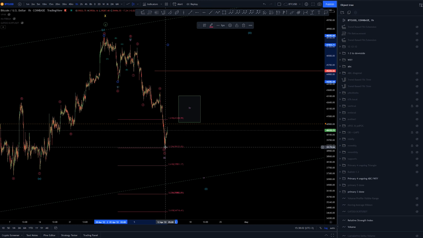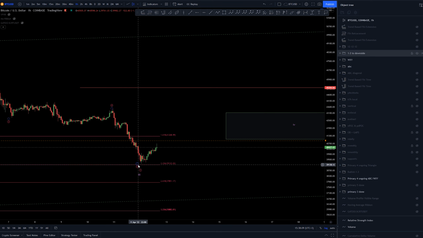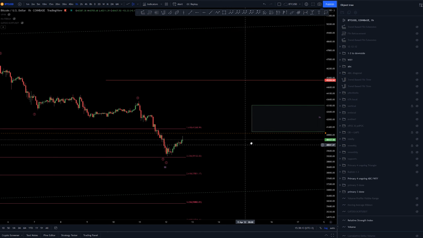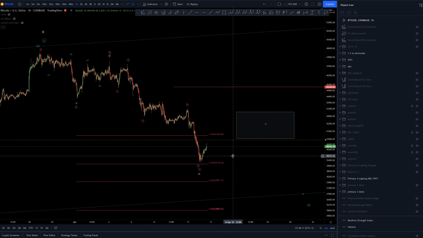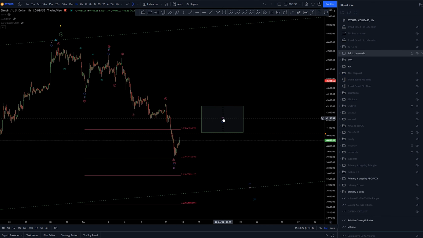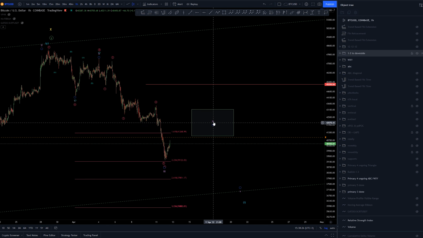So it could be possible that this is the low, but the price action didn't really look too telling down here. It didn't shoot off. It actually just went up and even back tested the same area. So it wasn't too impulsive, at least to me. So that's why I'm thinking that this is the proper setup, and I'm waiting for the wave 4 here.